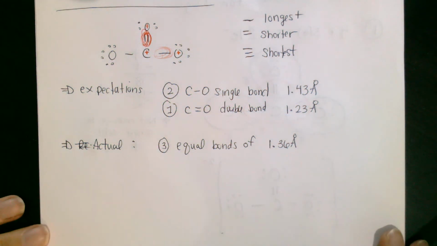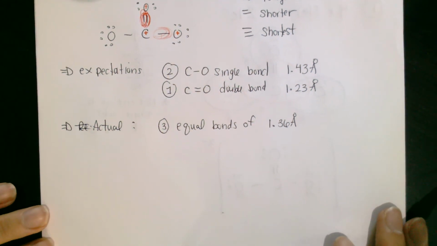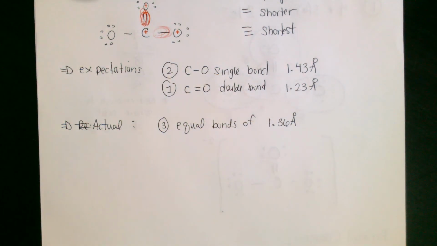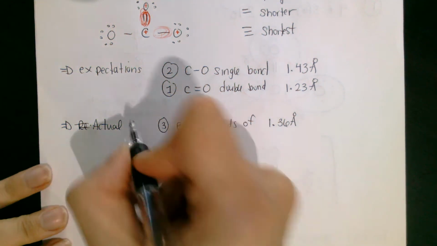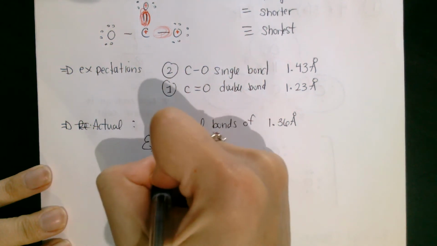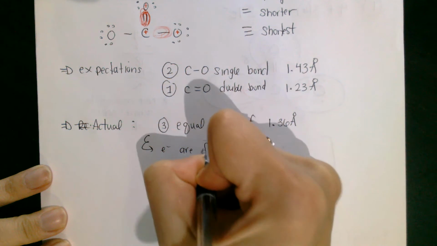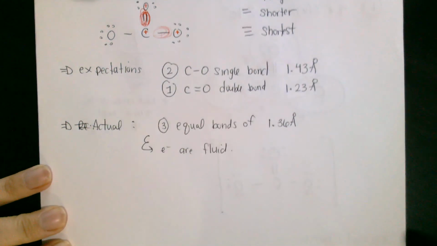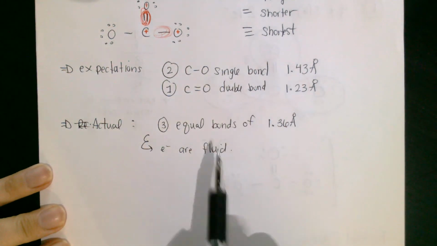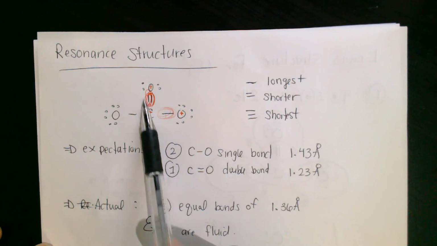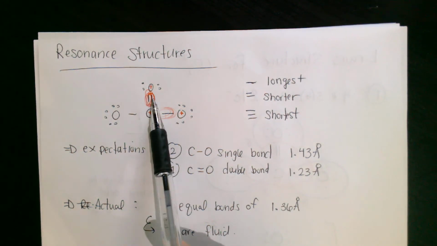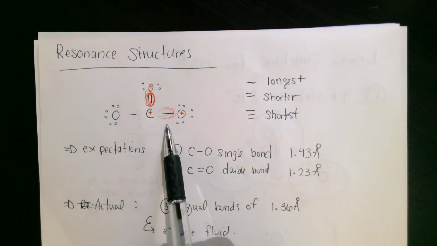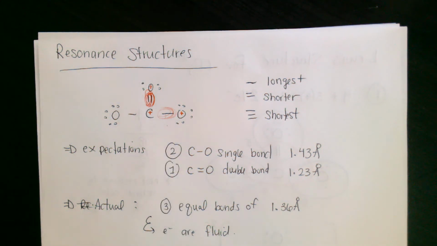So this led to the whole theory of resonance structures. What this implies is that electrons are fluid. So we have oxygens up here with that 0 formal charge, some with -1 formal charge. How do you minimize that effect?